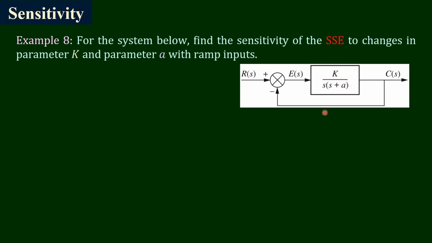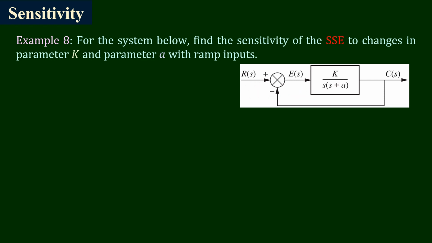So the first important thing is that we should find out the steady state error, and you know that this is a type 1 system. In a type 1 system, the first thing we have to find is the velocity constant. Because we are looking for the ramp input, the error will be constant; the steady state error for the step input will be 0, and for the parabolic input it will be infinity.